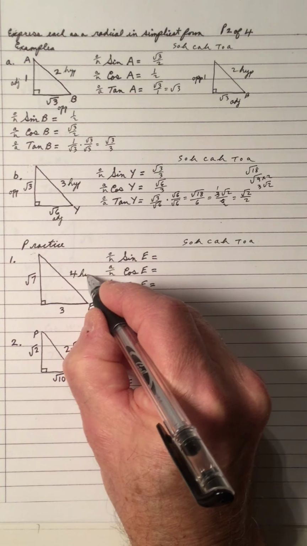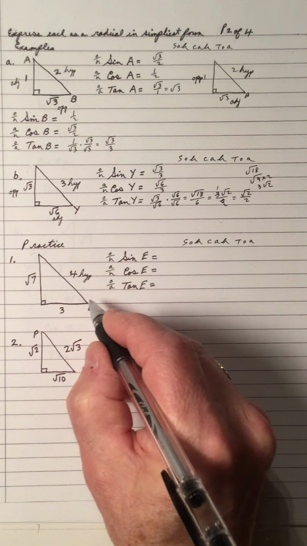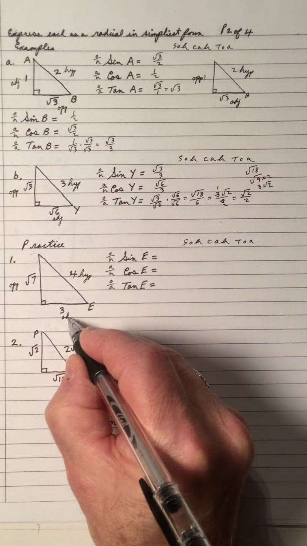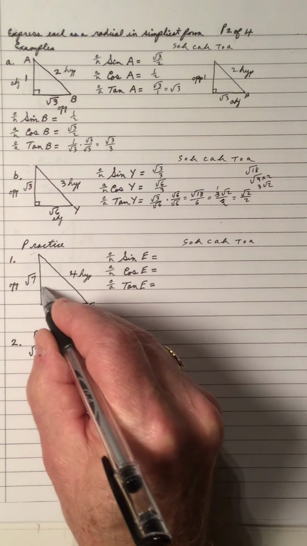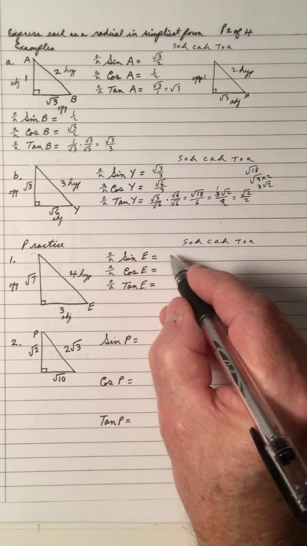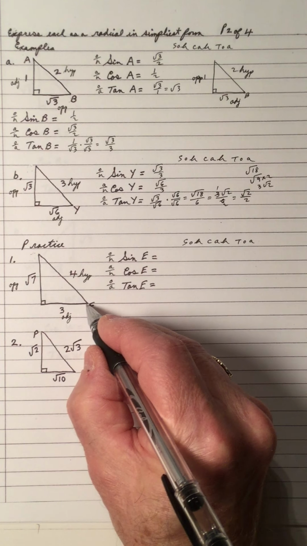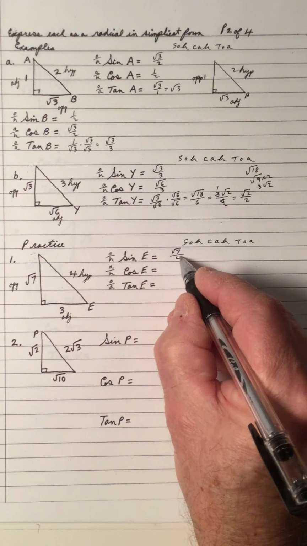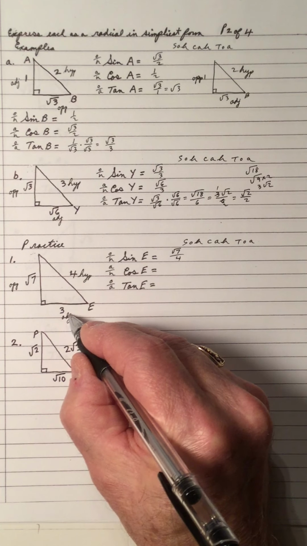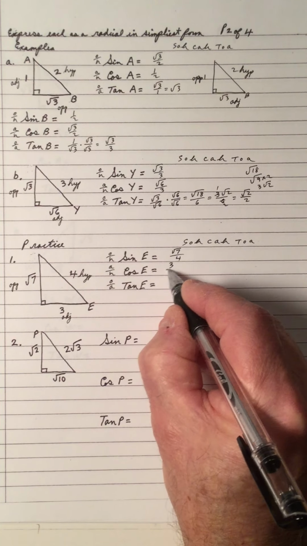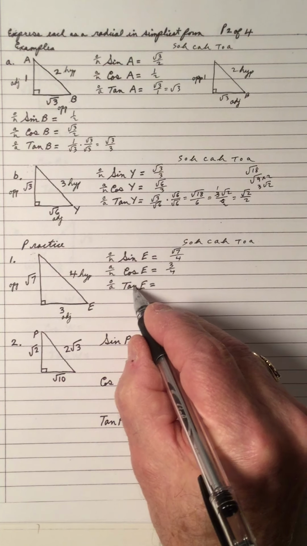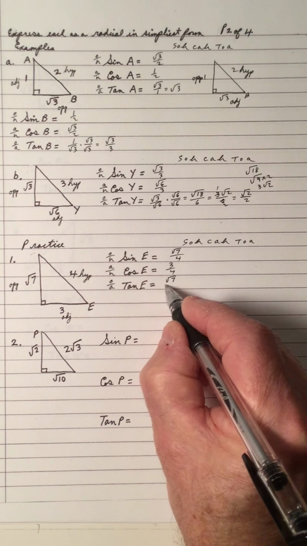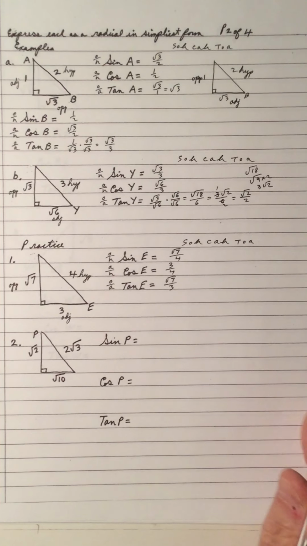So 4 is the hypotenuse because it's opposite the right angle, root 7 is opposite, and 3 is adjacent, in terms of angle E. So sine is root 7 over 4. Cos is 3 over 4. And tan is root 7 over 3. Done.